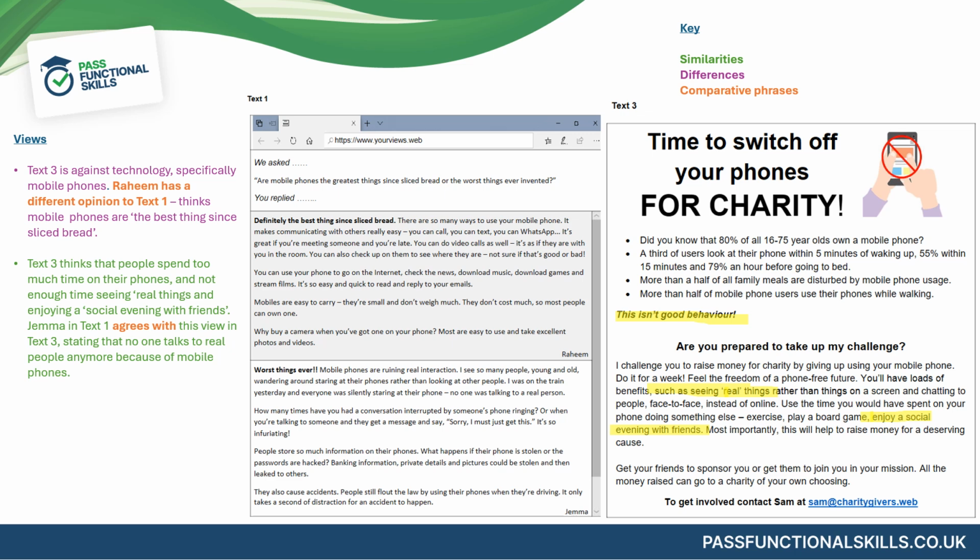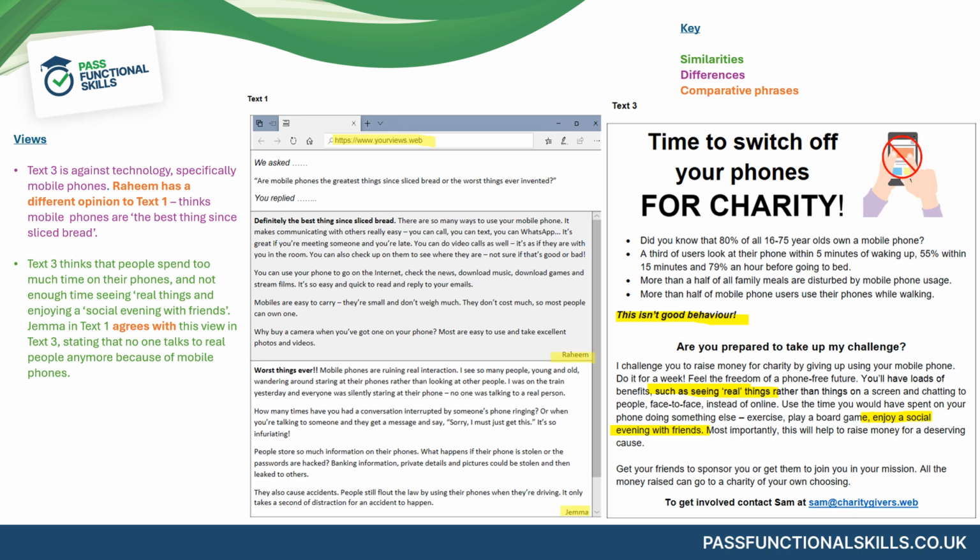So let's look then at text 1 and think about the views expressed in text 1. Now notice that we've actually got two lots of views in text 1, and they're actually opposing views within the same text. And that's because this is a discussion forum. So we can see here we've got yourviews.web and we've got different contributors.